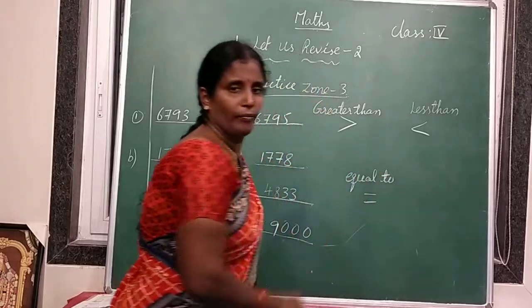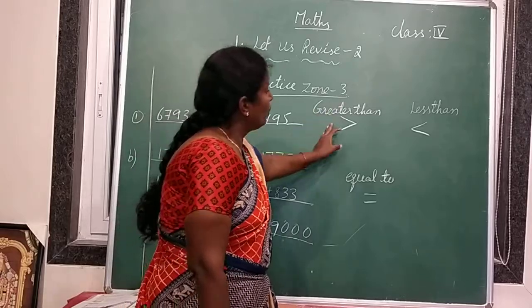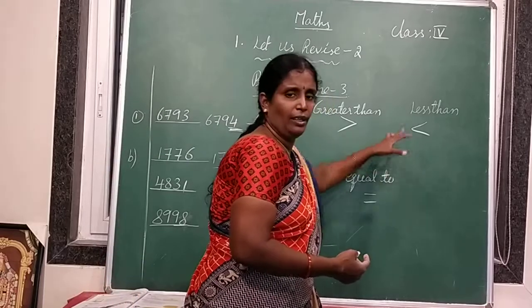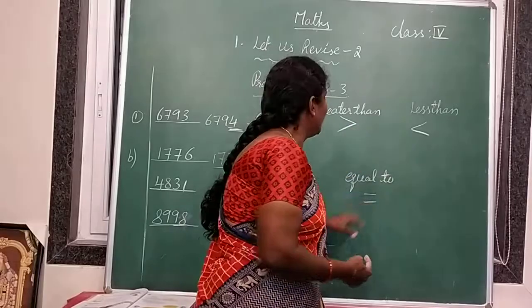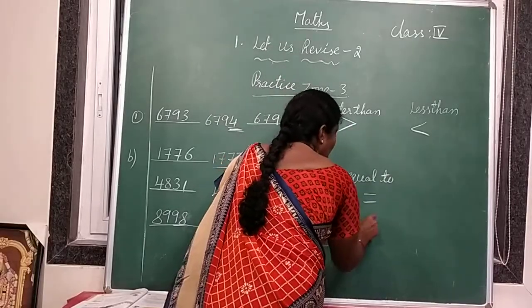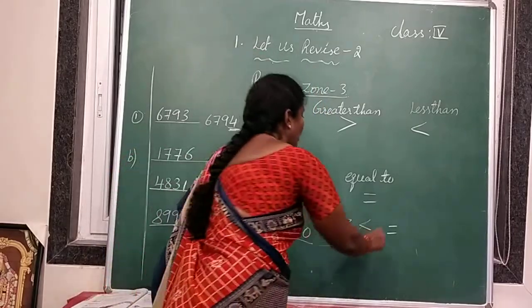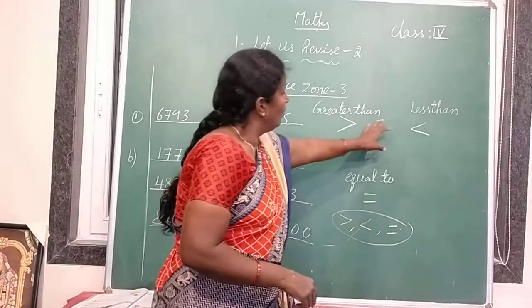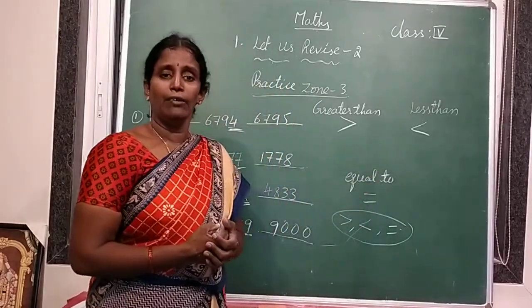Equal to symbol. Understood? To compare the numbers, we have to use these 3 symbols: greater than, less than, equal to. But when do we use the greater than symbol, when do we use the less than symbol, and when do we use the equal to symbol?